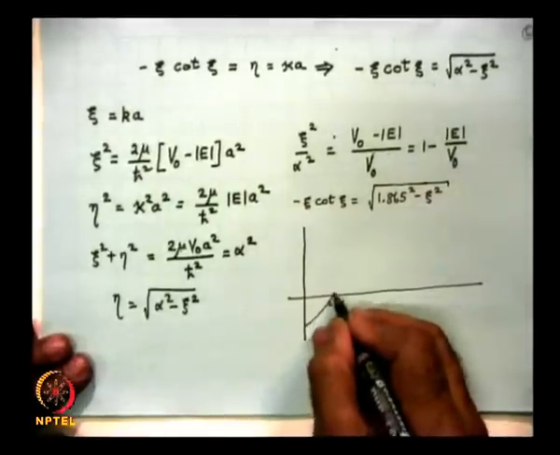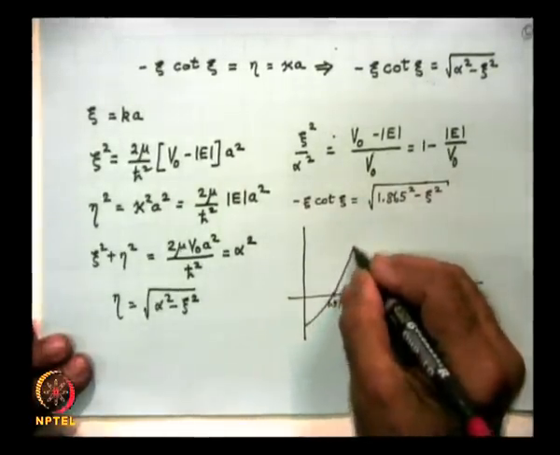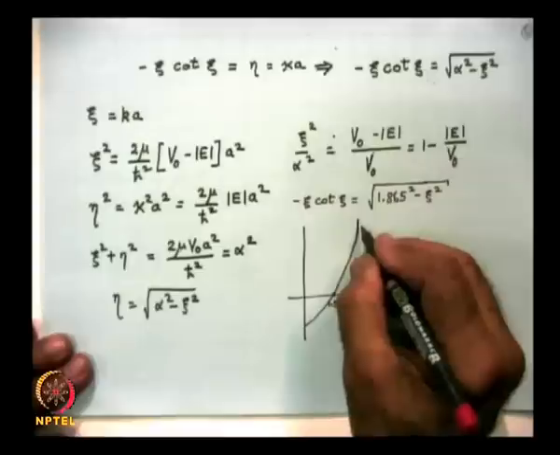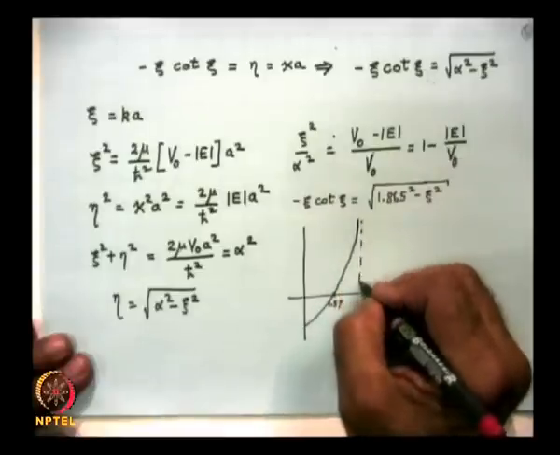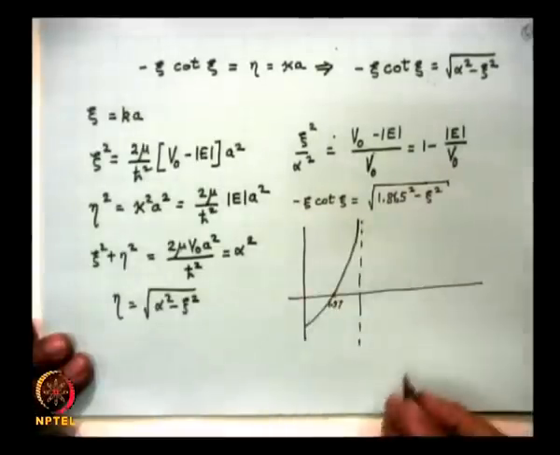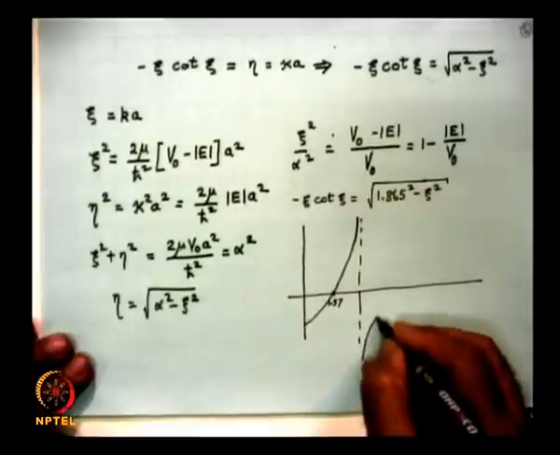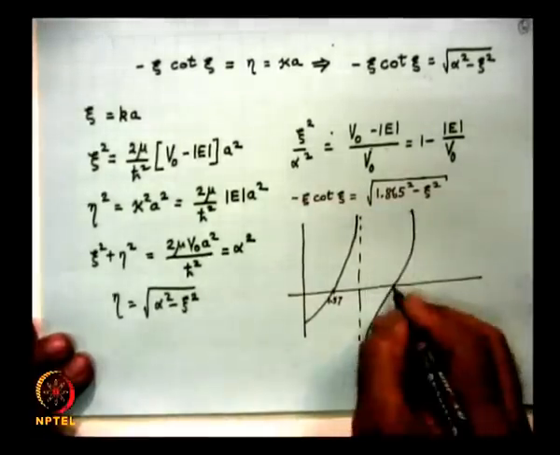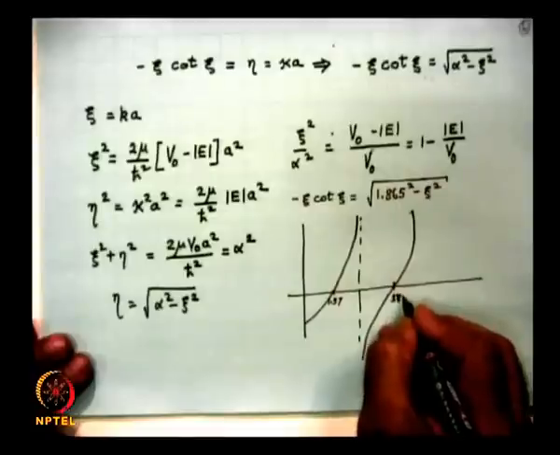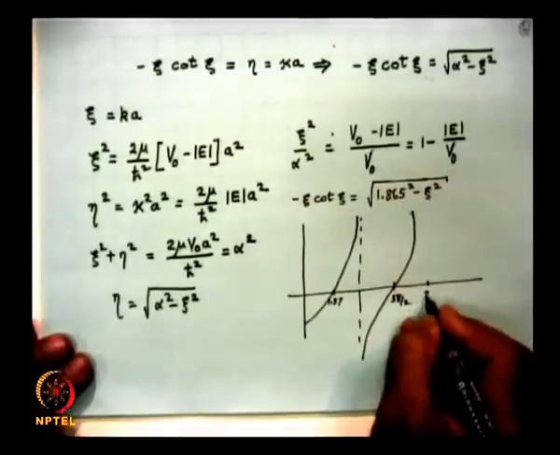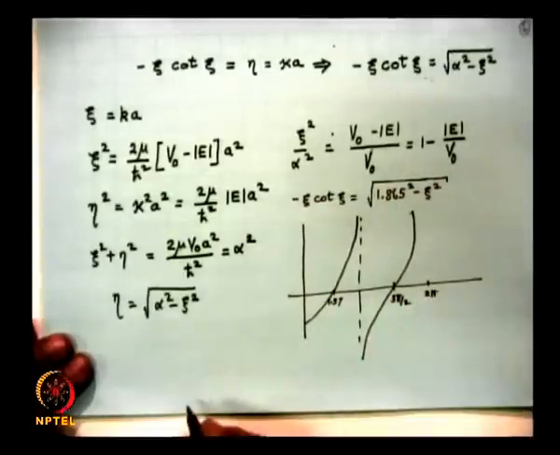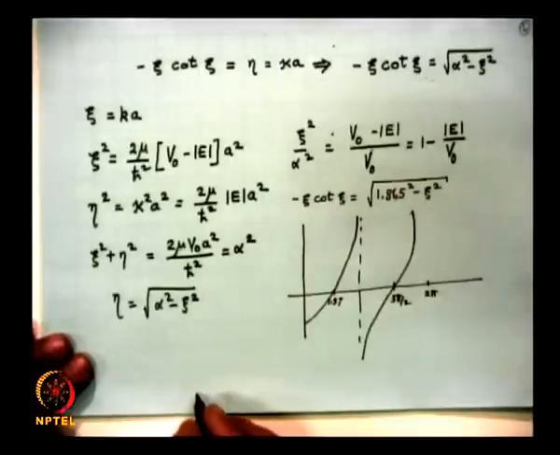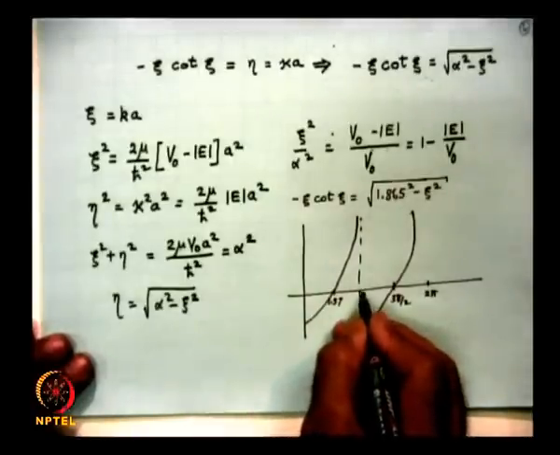So, it is something like this, and it becomes infinity at pi, cot xi becomes infinity as we had discussed earlier, and so on. So, this is 3 pi by 2, and then it goes again to infinity at 2 pi. Now, this is pi, this is 3.